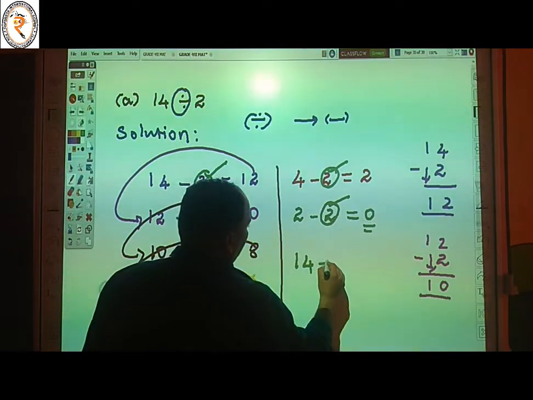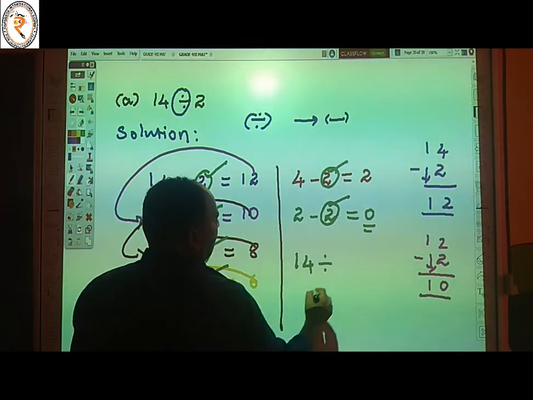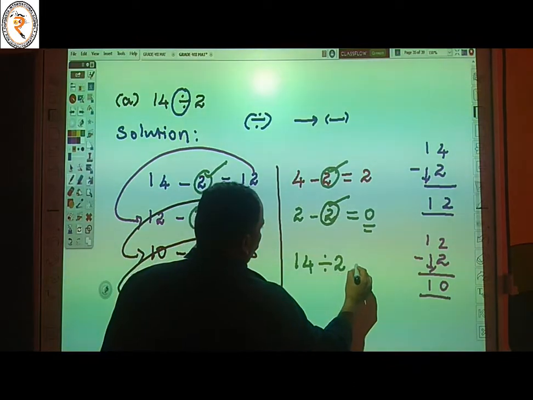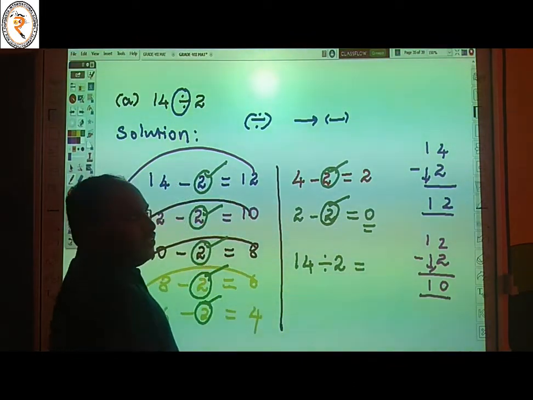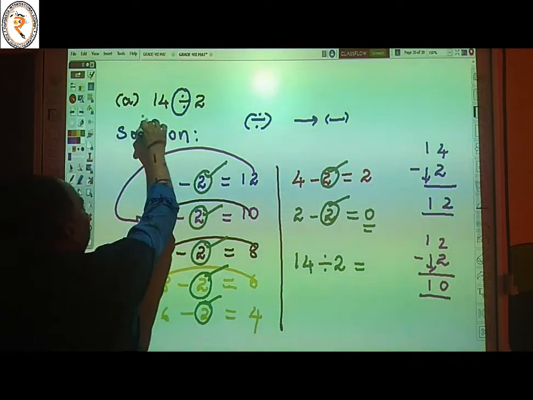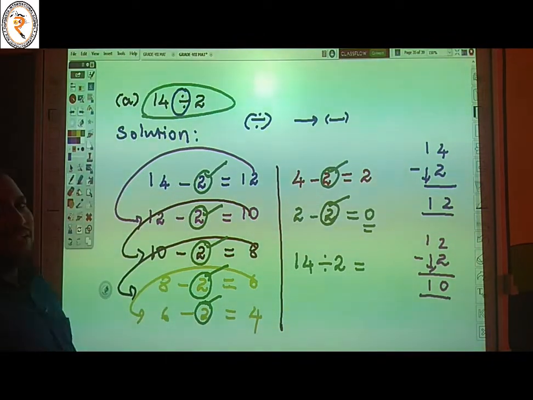14 divided by 2. Our question part is 14 divided by 2.